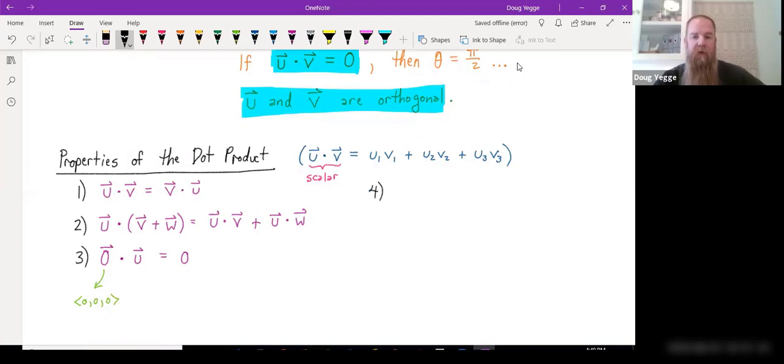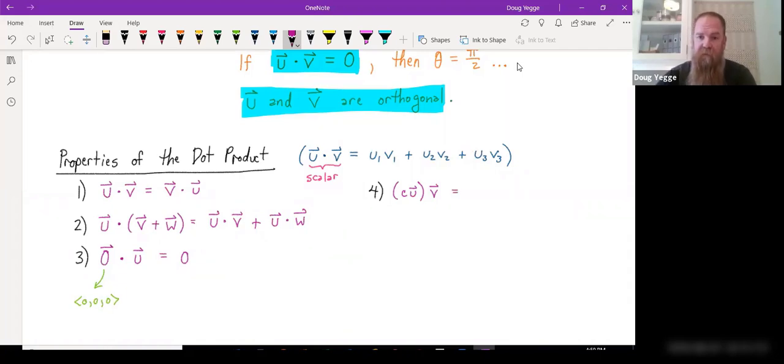All right, what if we wanted to take the dot product between a scalar multiple of a vector and another vector? Well, if you just multiply c times a vector, wouldn't that just mean that I would have an extra factor of c tacked onto each of these? So that would imply that I really could just pull the c out if I want to. I could also move the c onto vector v if I choose to.